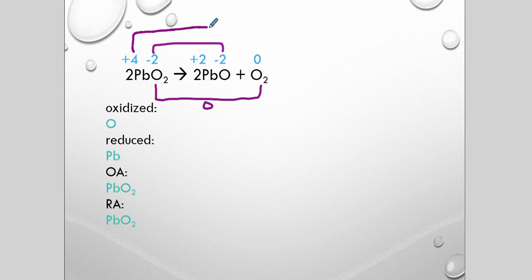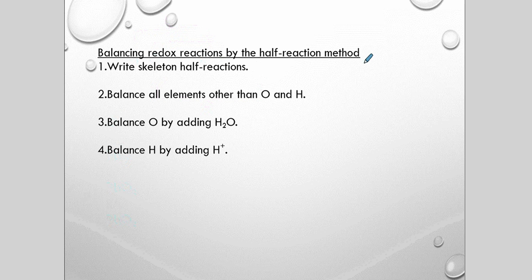Lead going from +4 to +2. That's gain of electrons, that's reduction. So lead's being reduced, oxygen's being oxidized. Your lead oxide is both your reducing agent and your oxidizing agent. It's your thing that's being reduced and oxidized. Interesting, huh? Finally, balancing redox reactions by the half reaction method.